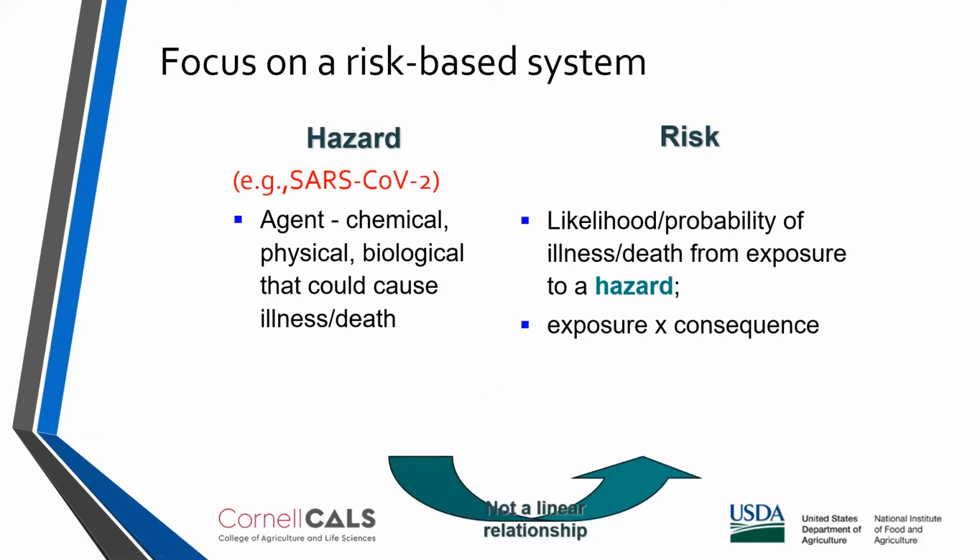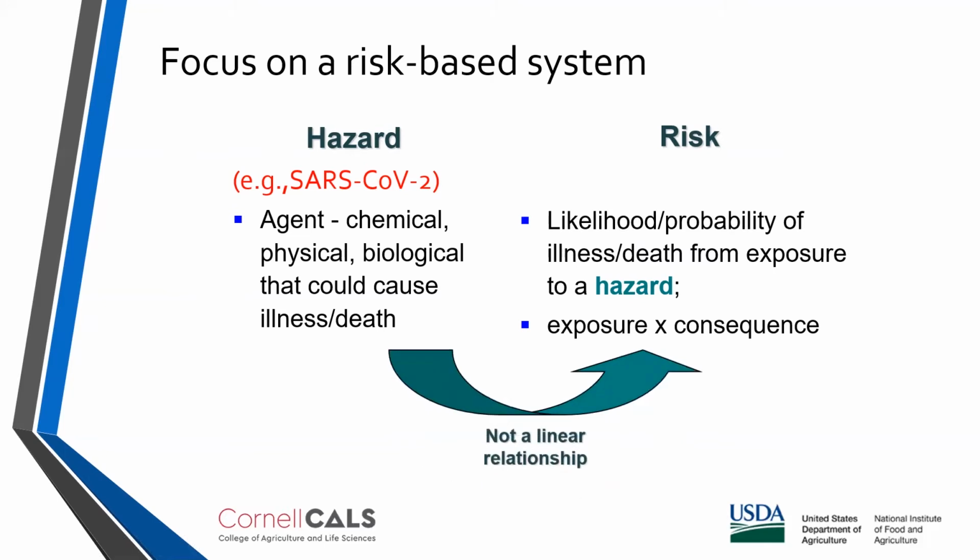For example, surfaces. A risk-based system, on the other hand, focuses on those areas that have the highest likelihood or probability of causing harm. So a risk-based system focuses on the likelihood of acquiring COVID-19 in our case. And that's what we need to focus on with regard to implementation of control strategies as well as their verification and validation.